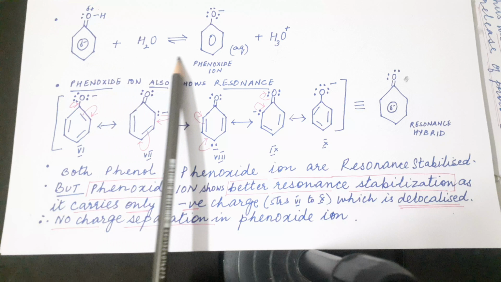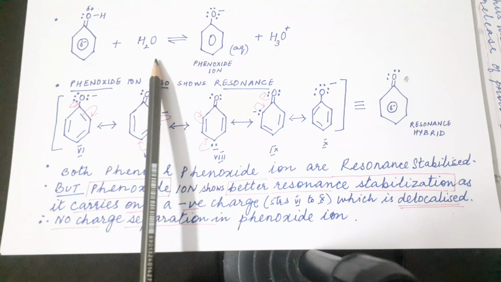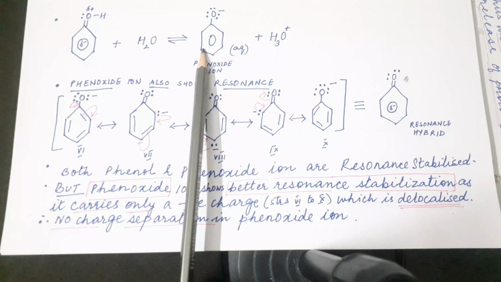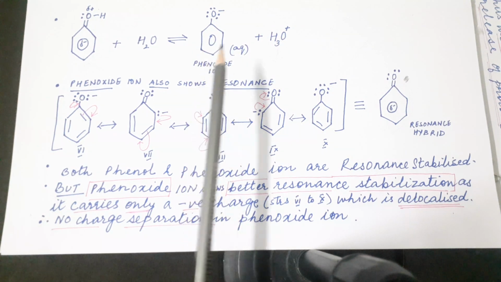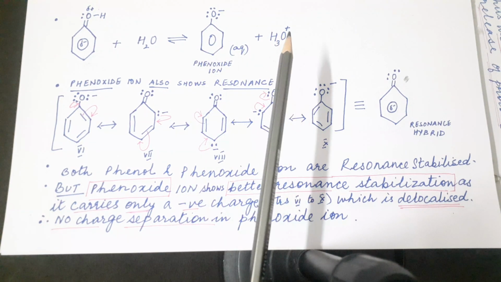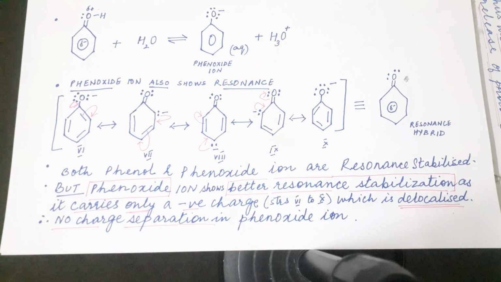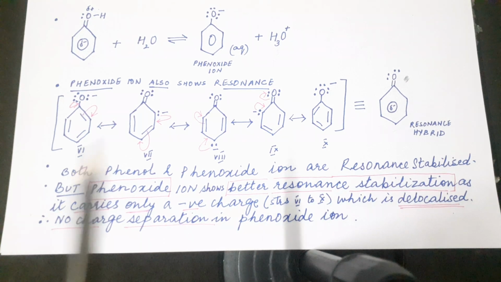That would indicate that the equilibrium of this process is moving in the forward direction, and that phenoxide ion remains as phenoxide ion and H plus ions remain present in solution, and the presence of these H plus ions would be indicative of acidic strength of phenol.